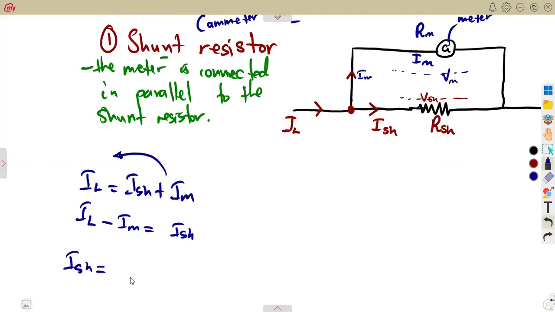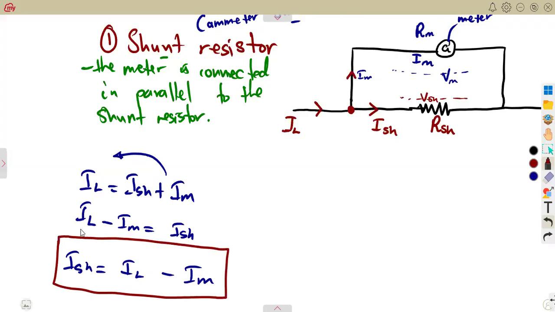So at the end, we can say the shunt current is equal to the current across the load minus the current across the meter. Meaning, whenever you are not given the shunt current, and there is a load, which is the maximum load current, you might be given anything, then you consider your Kirchhoff's laws, this and that.